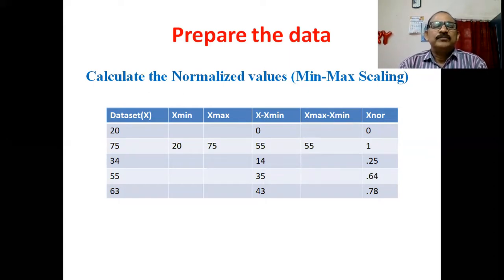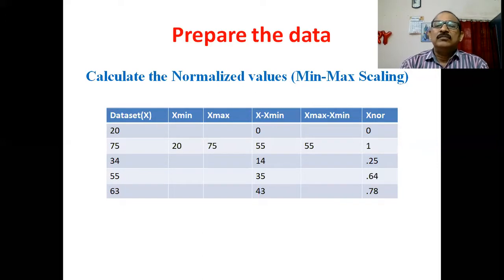Next step, we determine x minus x min. So 20 minus 20 is 0, 75 minus 20 is 55. This way you can compute the next column. Next column, we determine x max minus x min, that is 75 minus 20 is 55.